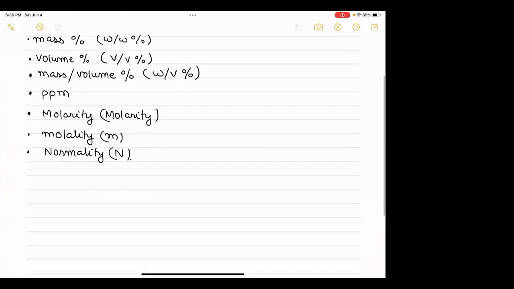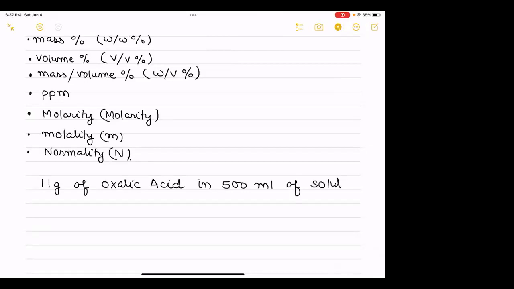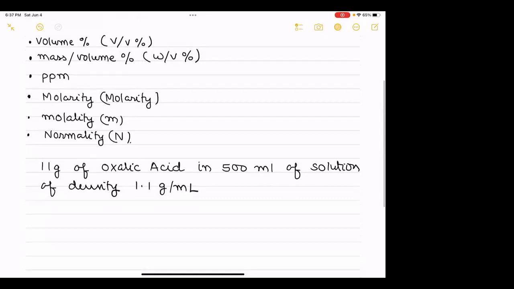Just let me check, a basic question. 11 grams of oxalic acid, in 500 ml of solution of density 1.1 gram per ml. What is the mass percentage of oxalic acid?